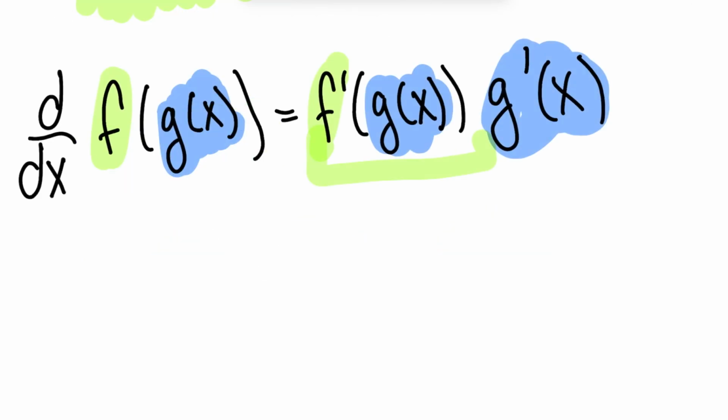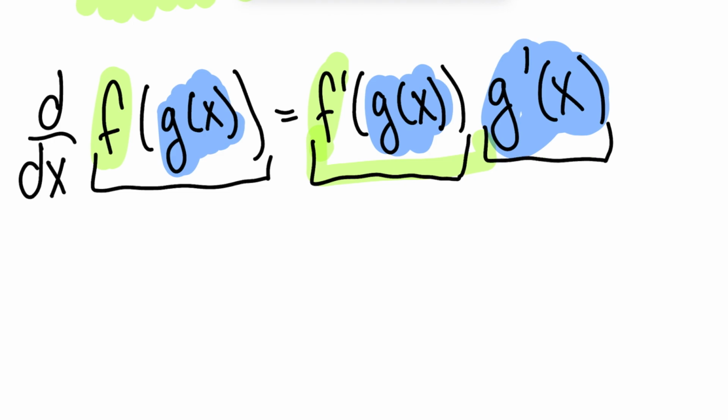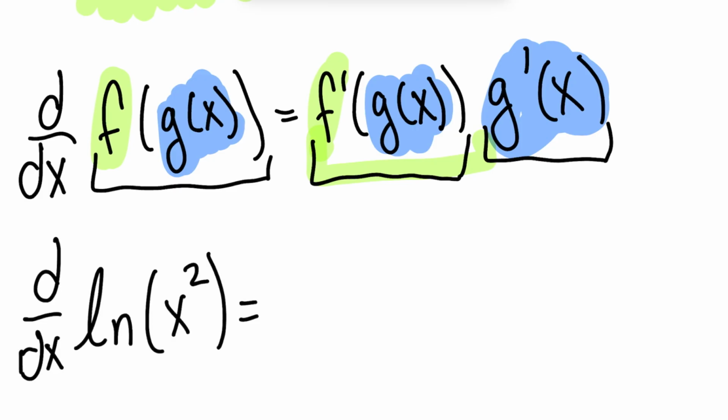I sometimes think of it as like nesting dolls. You take the derivative of the outside one most first, and then you go inwards and take the derivative of the inside functions.